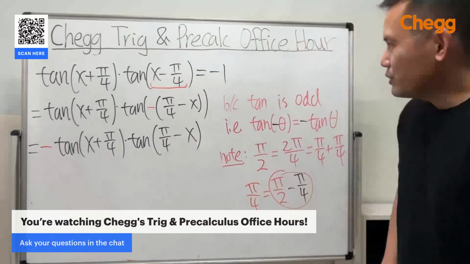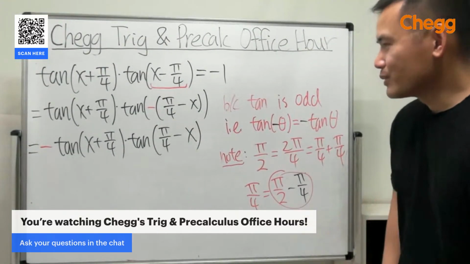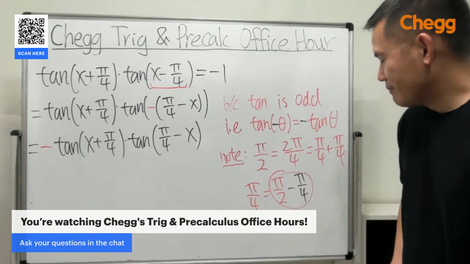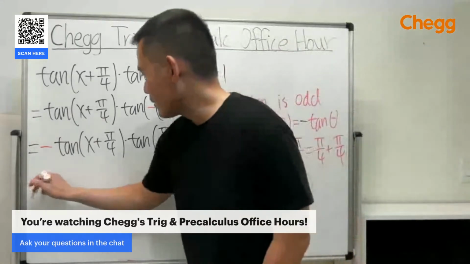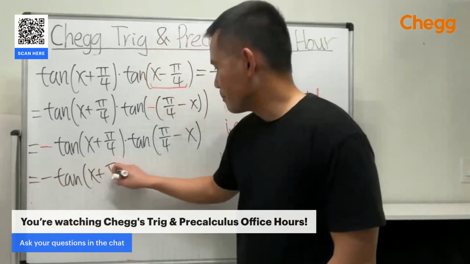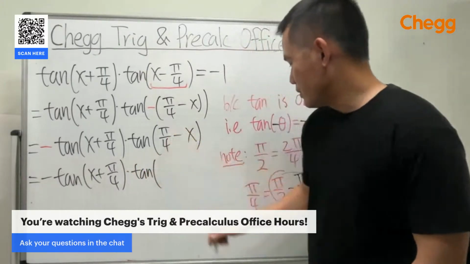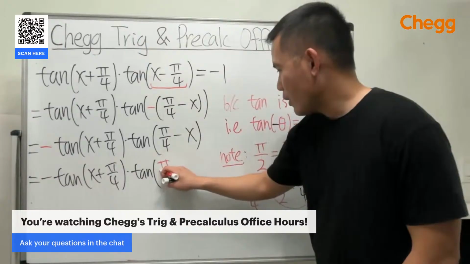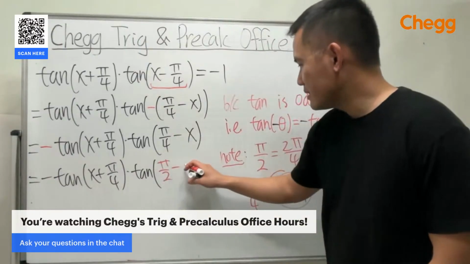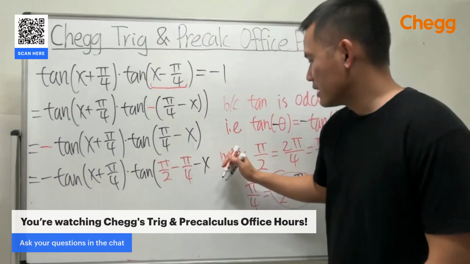I know where I'm heading, and I don't think it matters. This is negative tangent of x plus pi over 4 times tangent, and for this right here, I'll write it as pi over 2 minus pi over 4 and then minus x, right?